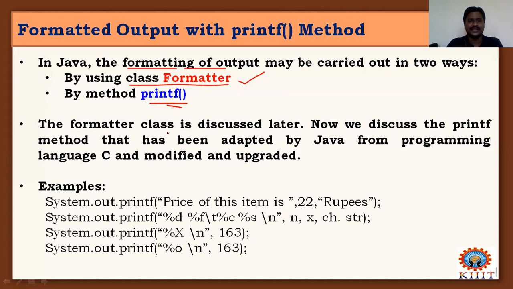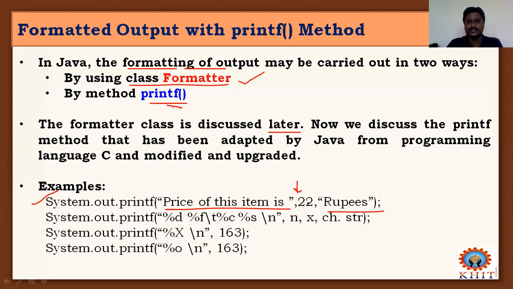The Formatter class will be discussed in later chapters, and now we are concentrating on the printf method. We can use the same type of case as used in C or C++. So here System.out.printf, we can define something, and you use a comma as a separator. It simply displays on the screen when you use this printf method.